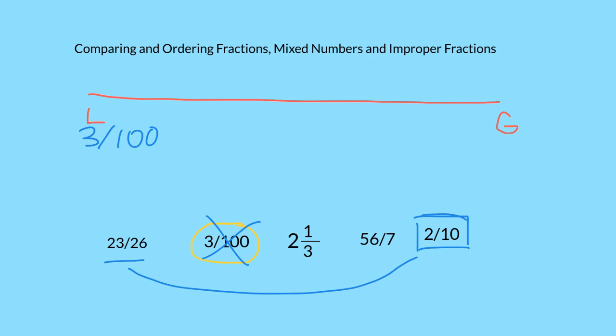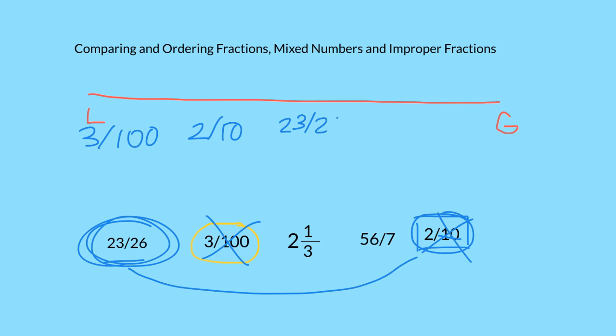So that means this one is pretty close to 0. So I know that one is my next one. So I'm going to rewrite that up here. Write 2/10ths. Okay, and I'm going to cross that one off my list. Now I know right away, because we have an improper fraction and a mixed number, that this fraction value has to come next on our list. 23/26.